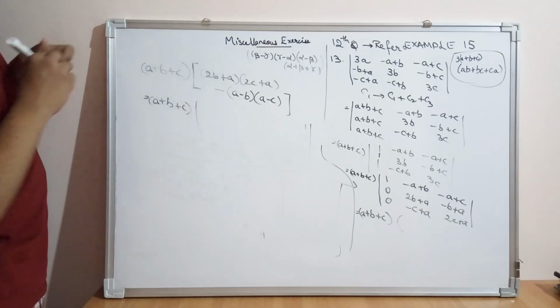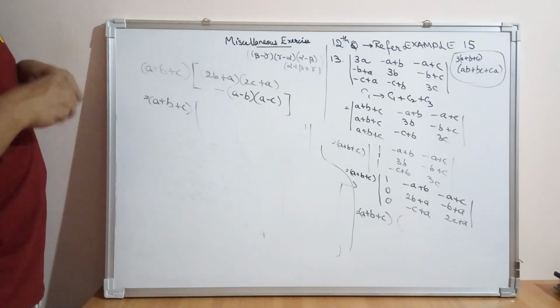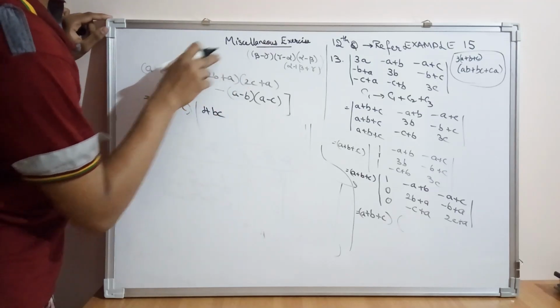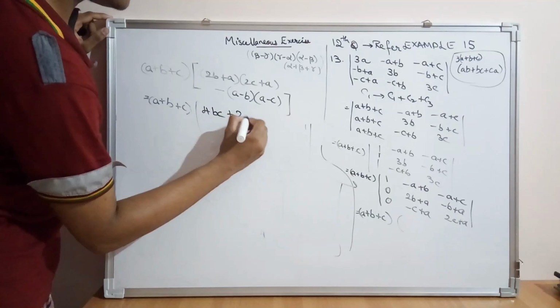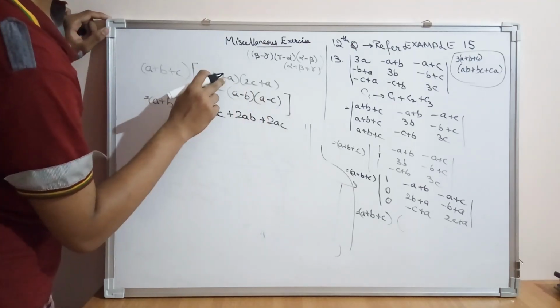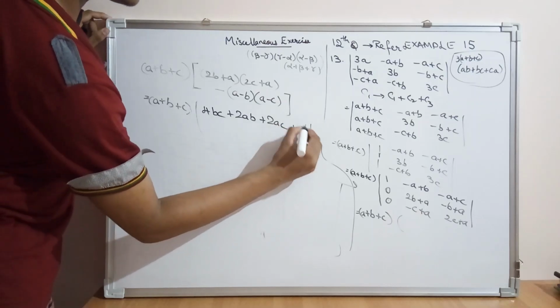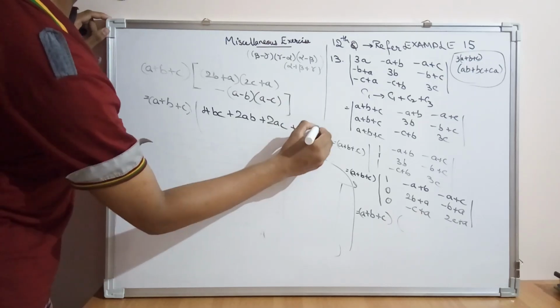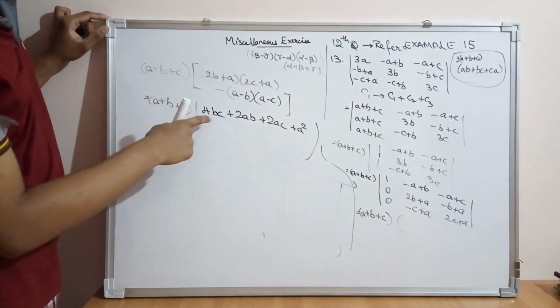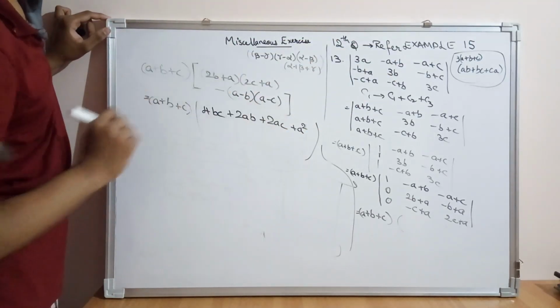If we expand this, we are going to get 4bc, then 2ab, then 2ac, then plus a square. So somehow we need to get that format, right? Somewhere we are going to get added.